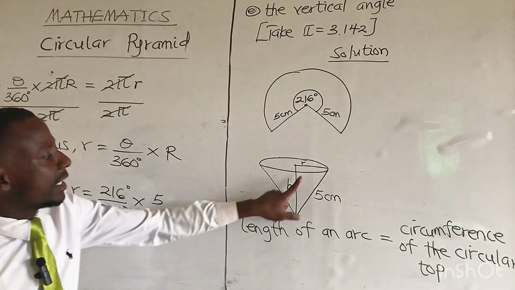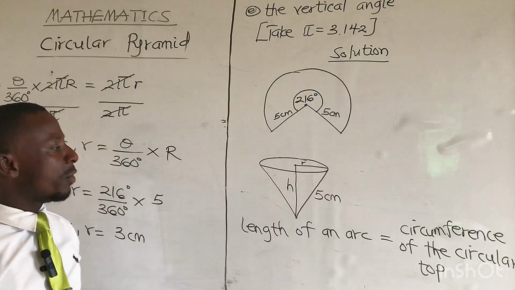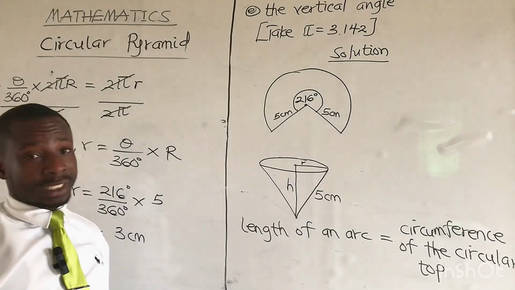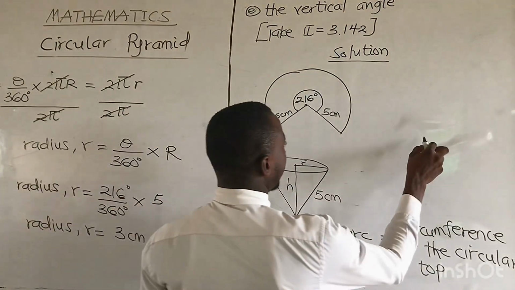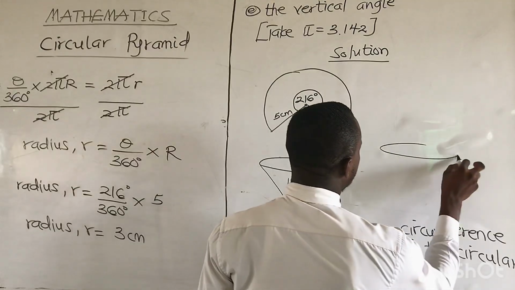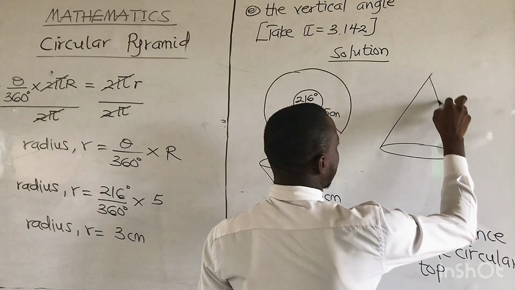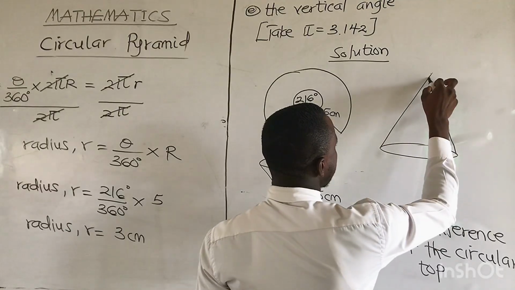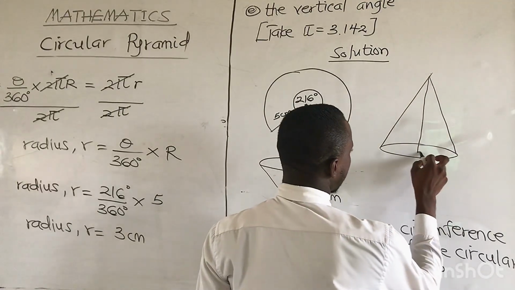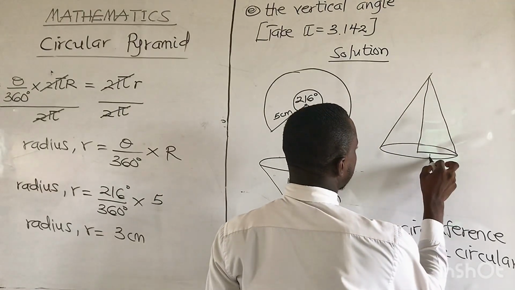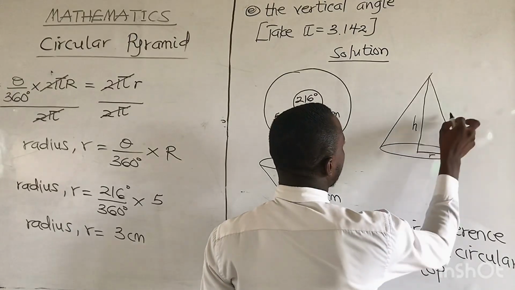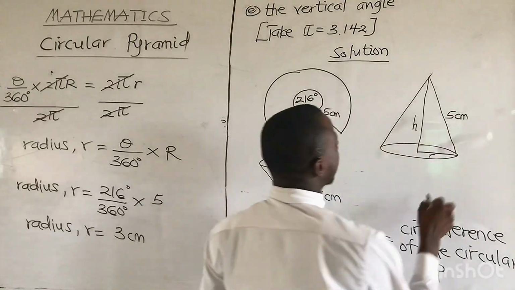Alright, since we have the radius, notwithstanding, the sketch can also be of this form. Don't forget that. We can also put the sketch to be like this, where the r is here, we have h here, and we have the 5 centimeters here.